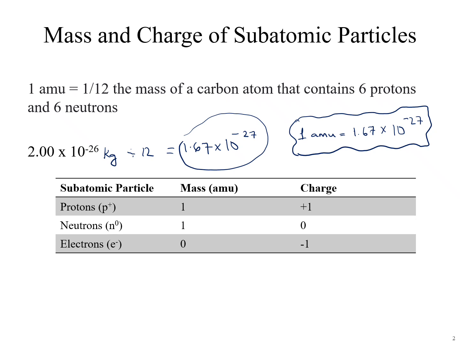So instead of using those charges, we're going to define the charge of a proton as positive 1, the charge for the electrons as negative 1, and the neutrons don't actually have a charge, they're neutral. So we assign a charge equal to 0 to the neutrons.